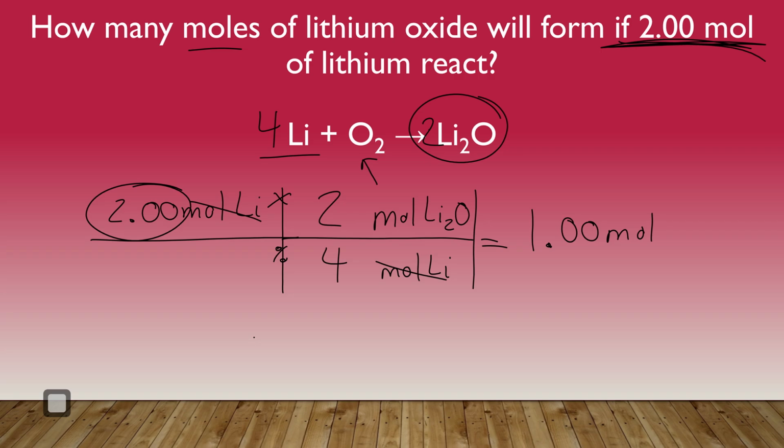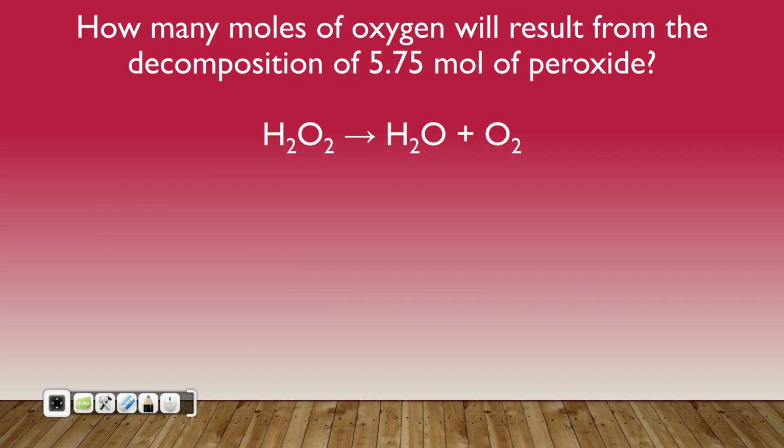I can cross out moles of Li, so I know I'm ending with Li2O. I use the coefficients from the chemical equation. Moles of lithium is on the bottom because it's what I'm coming from. Moles of Li2O is what I'm going to. There we go. All right.